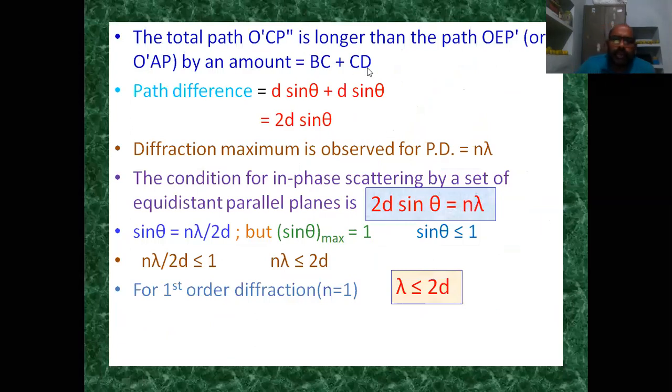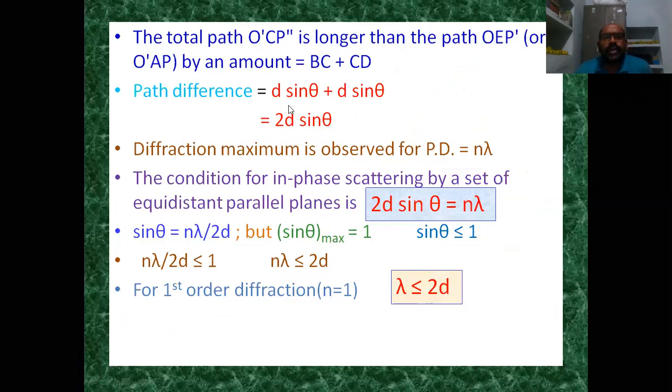So BC plus CD is the total path length, which is the difference as compared to the light rays reflected from the first plane. It is d sin theta and d sin theta, so it is 2d sin theta.